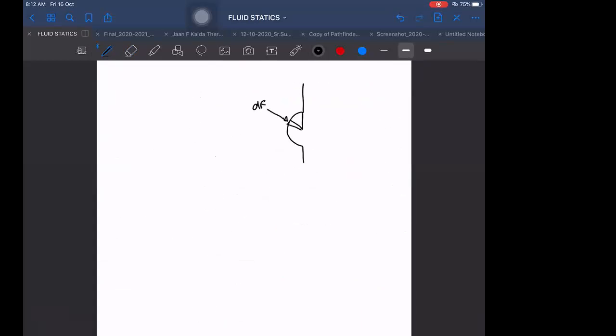I want to find dFy, with theta angle here also. Then y is equal to r plus r into (1 minus cos theta). r up to this, and below this is r cos theta.